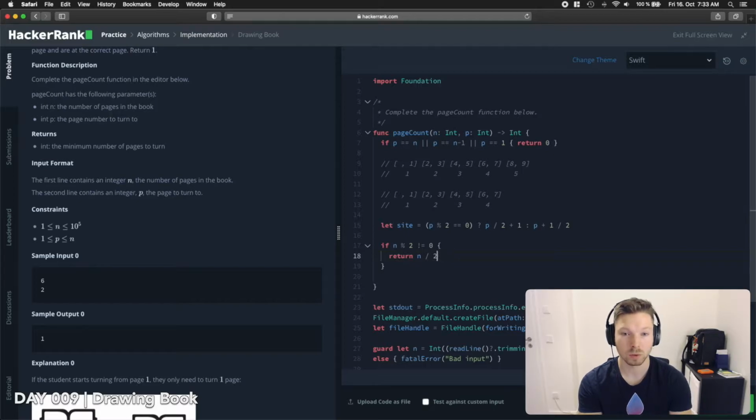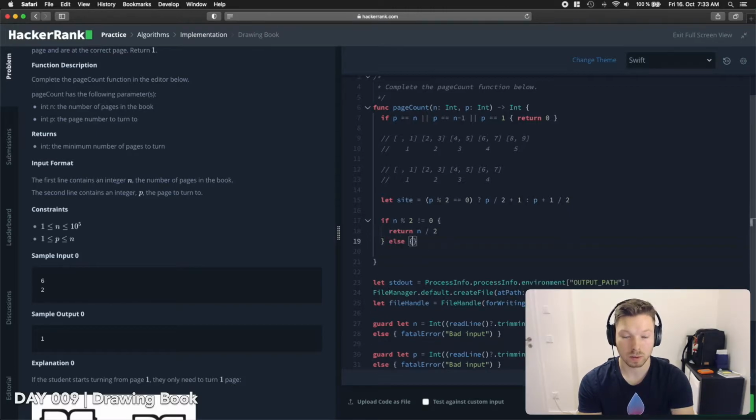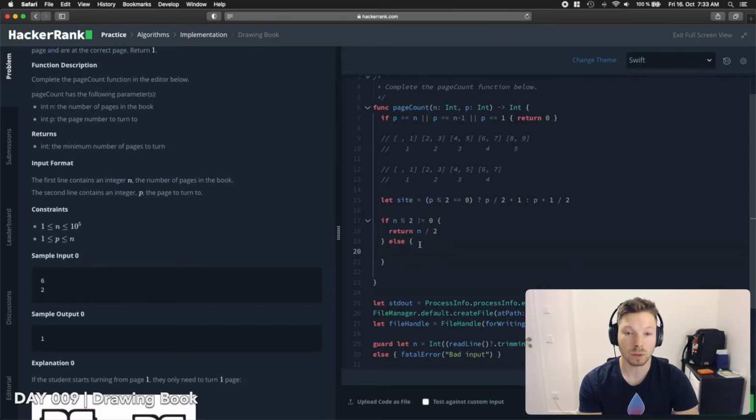Well, should be 2. Else, which means if it's even, then we would have 1 turn. So then divided by 2, for example, where are we at?